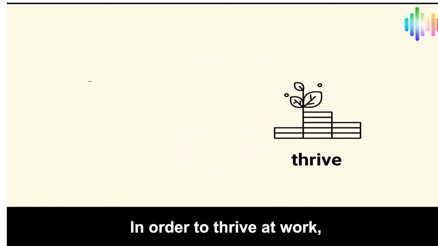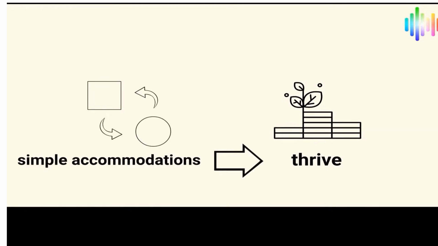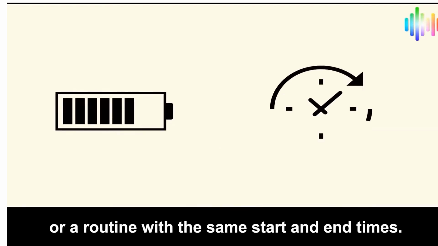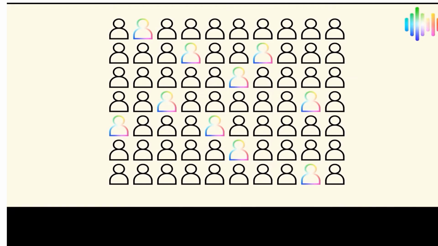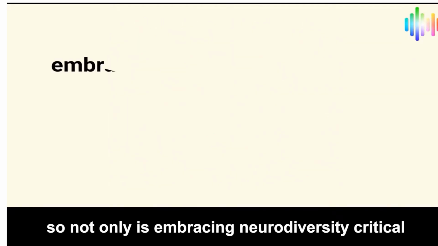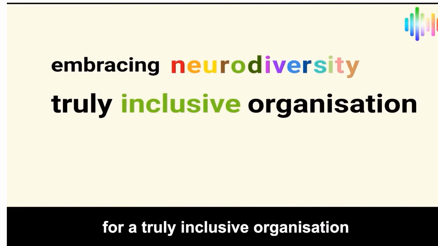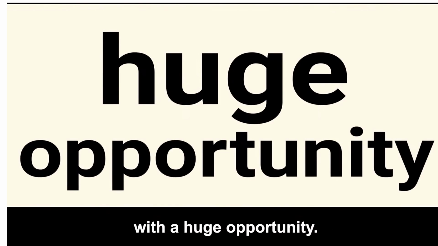In order to thrive at work, they often need some simple accommodations. For example, a sensory calm environment to recharge in, or a routine with the same start and end times. Approximately 1 in 7 people are neurodivergent, so not only is embracing neurodiversity critical for a truly inclusive organisation, but it also presents organisations with a huge opportunity.